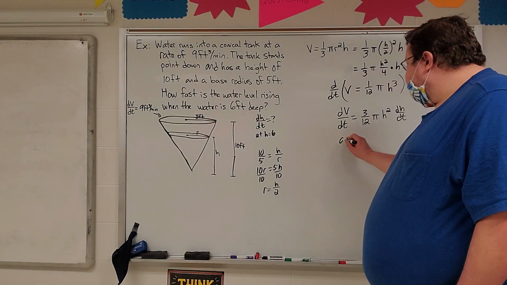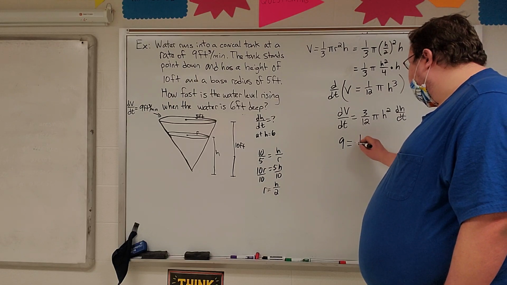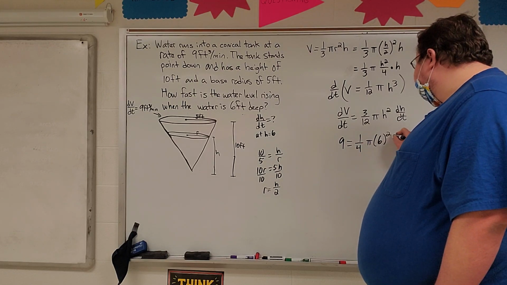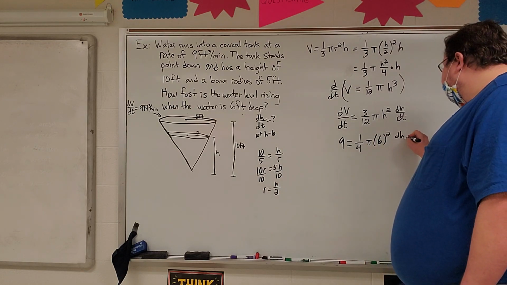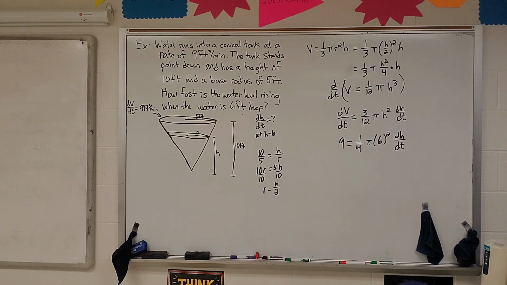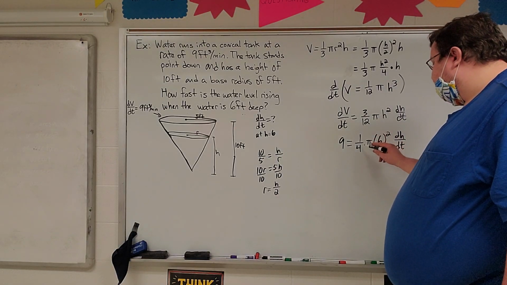So we know dV/dt is 9. 3 over 12, that's going to reduce to 1 over 4. Pi, we know h is 6. The only thing we don't know in this equation is dh/dt, but that's what we want. So we're going to solve for that. 6 squared is 36, times 1/4 is 9.